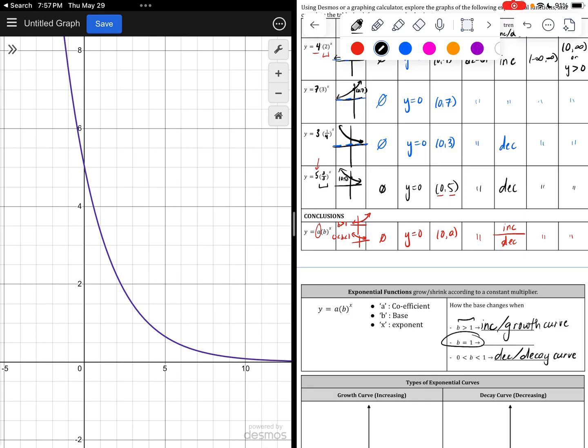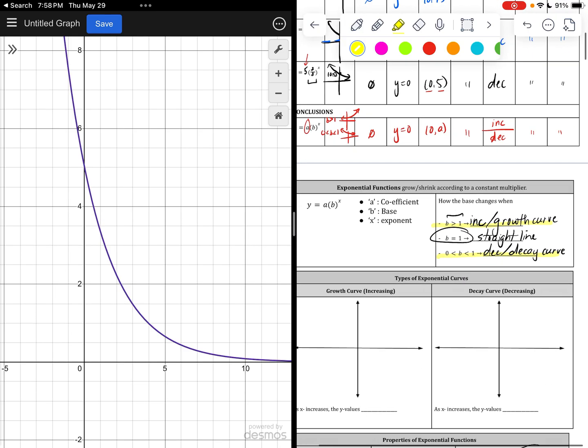And if it's equal to 1, we didn't do one like this, but if we think of some number with a 1 to a power of x, well, any value 1 to any exponent in the universe is just going to be 1. So this actually just creates a straight line. So usually if we're studying exponentials, a straight line wouldn't be considered exponential, so we don't normally see a base of 1. Okay, so you're more likely to see this first case or this third case.